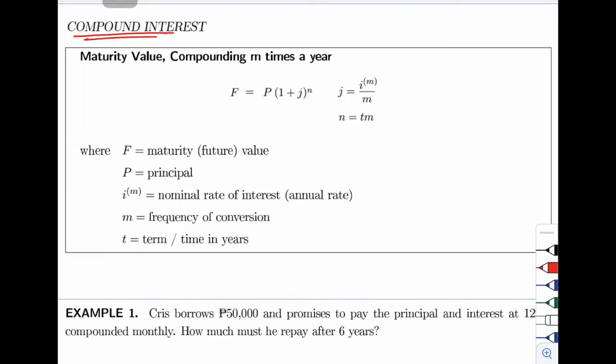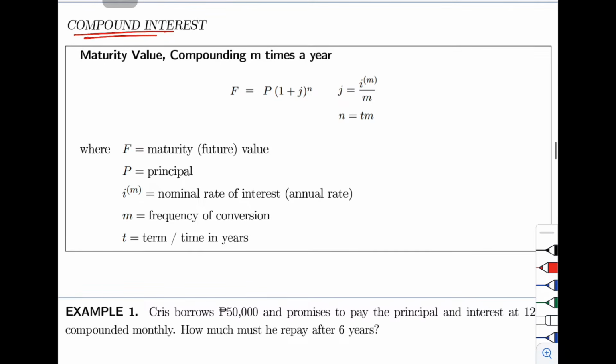Okay, so ang formula na gagamitin natin is F equals P times the quantity of 1 plus J raised to N, where J is equals to I raised to M over M, and yung N naman natin is equals to TM.